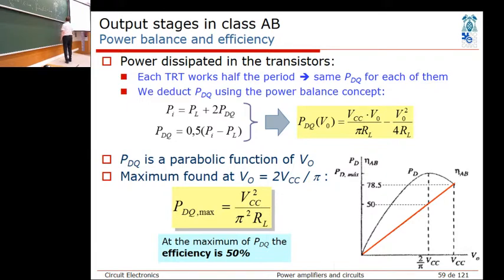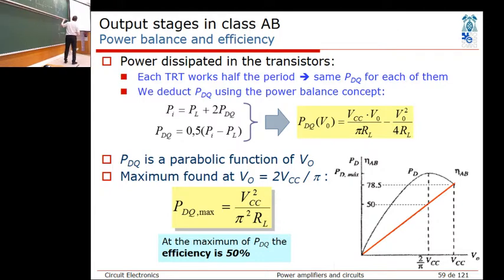Okay, and that's the 78.5% of the maximum. Oh, let's see here. Yes, it's actually the same as the 75% of the maximum power, right?